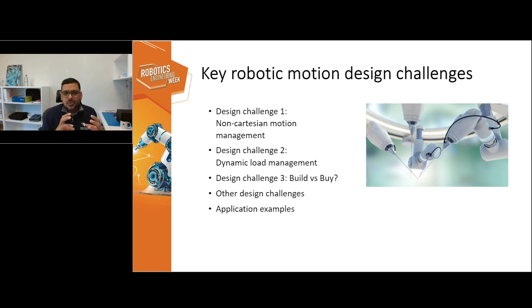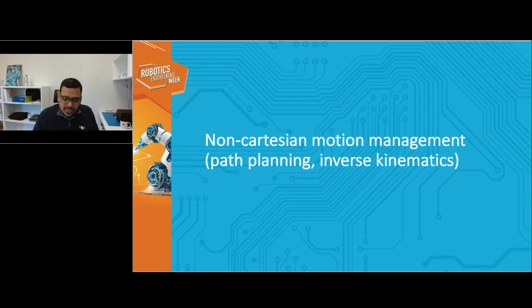When do you build your own card, versus buying something off the shelf that's much easier and already fully integrated? We'll walk through some of the parameters for build versus buy. Then we'll end with a few other design challenges. I always like to look at application examples: what does a typical card look like, and how do they implement it? So with that, we'll dive into the first motion design challenge.